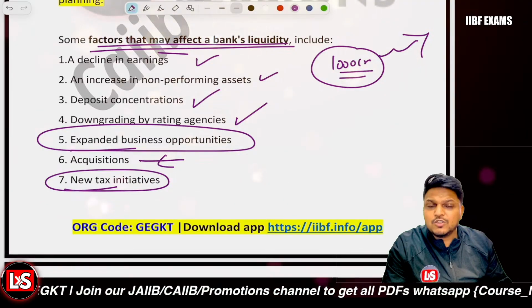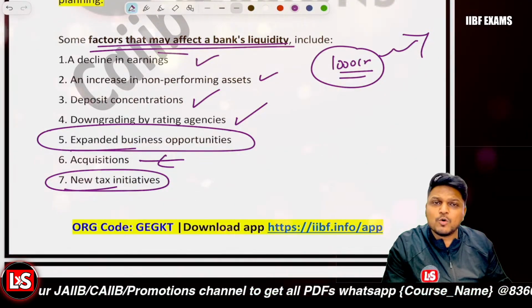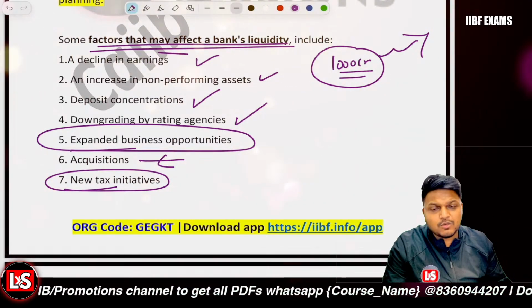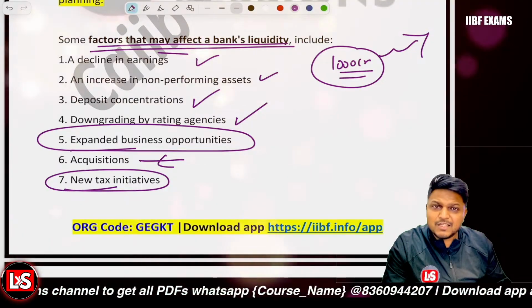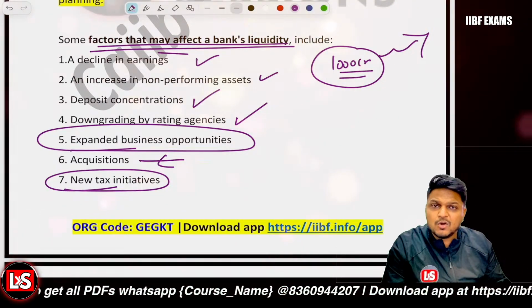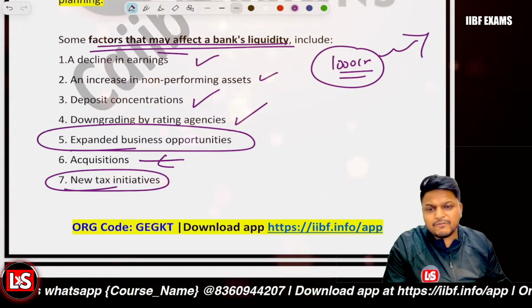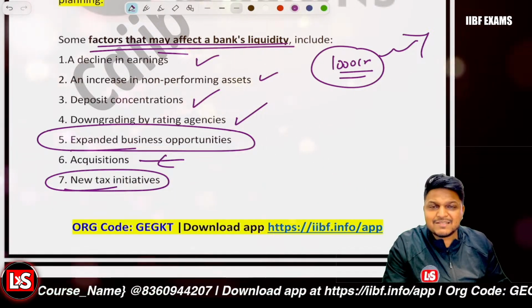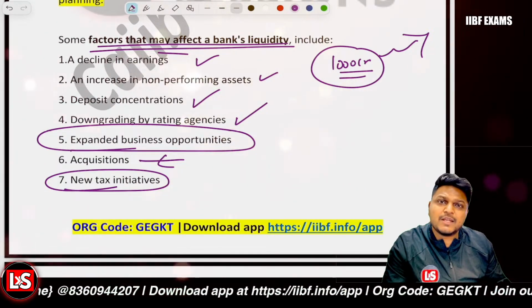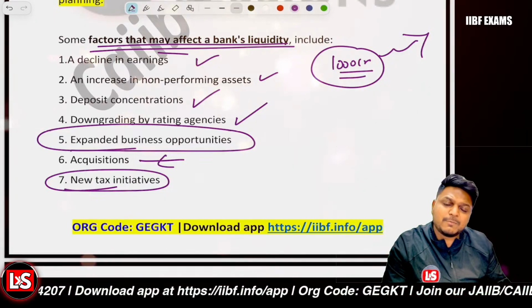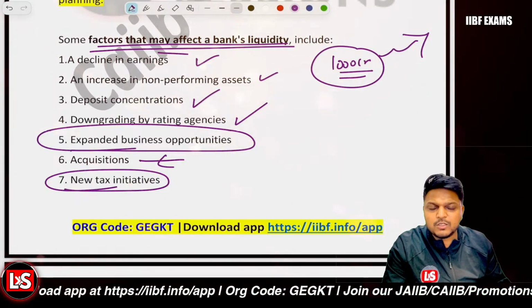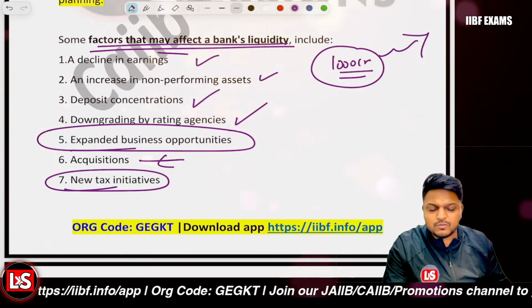If your CIBIL score is lower, you cannot borrow funds at a lower interest rate, your liquidity is gone. Let's say you bought some asset, or you bought some company, definitely your liquidity is gone. And let's say the tax rate was increased from 20% to 60%, another tax burden on you, and you'll be having lesser liquidity with you, right?